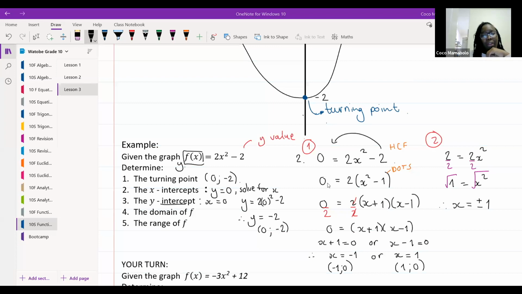Now, let's talk about the domain. What do I need to write for my domain of f? Remember, my domain tells me what my x is. X is an element of what?